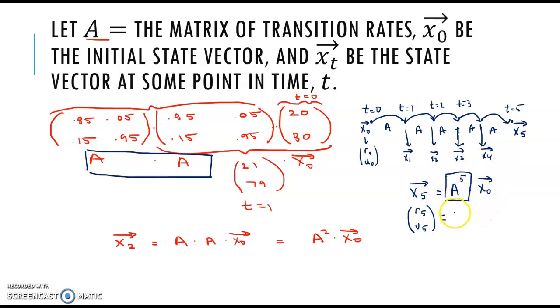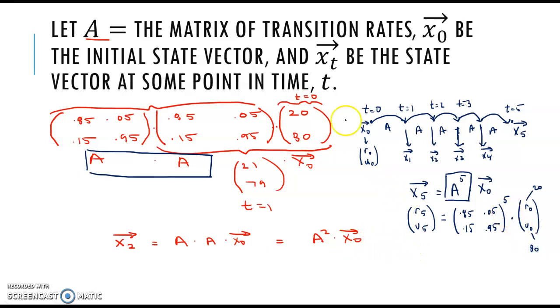So remember, what's inside of A is the 0.85, 0.05, 0.15, 0.95 values. That's going to be raised to the 5th, which is not the same thing as raising each of these components to the 5th. It means multiplying the matrix by itself with a total of 5 factors. And this is going to be our R0, U0 state. And remember, that's going to be 20 and 80 for us in this problem.